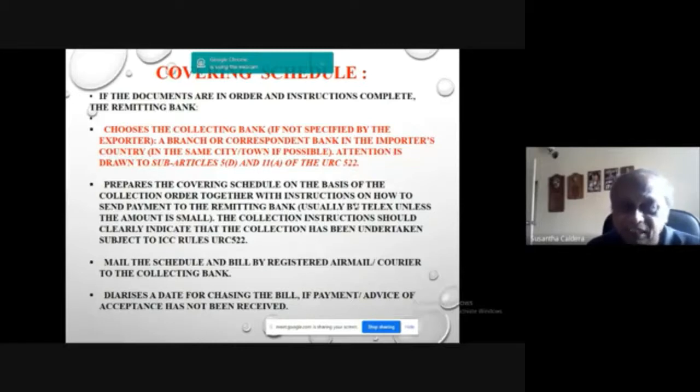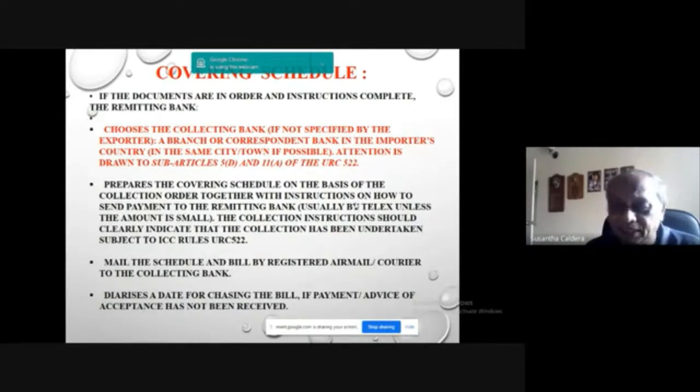So in a scenario like that, every 10 days, this is my advice, you have to get a printout of documents sent more than 10 days ago for which we have not received payment, the outstanding items.